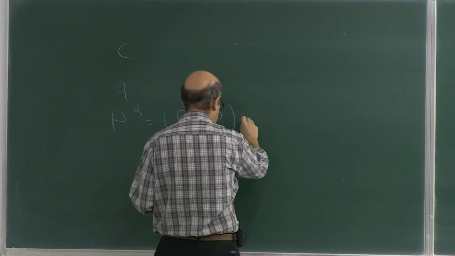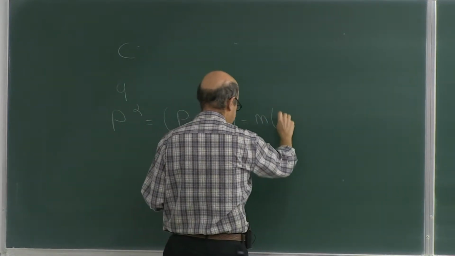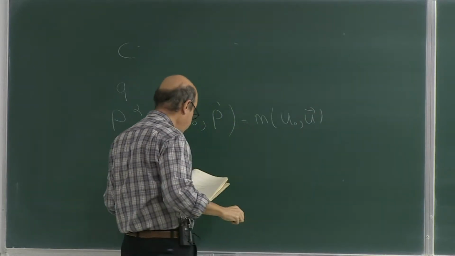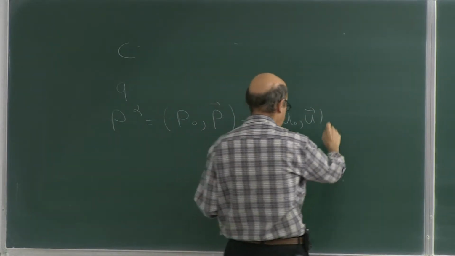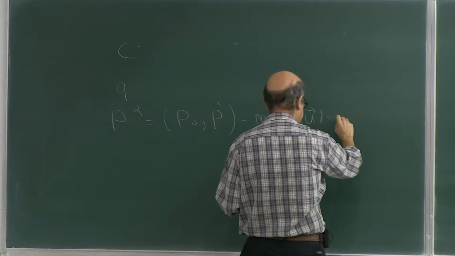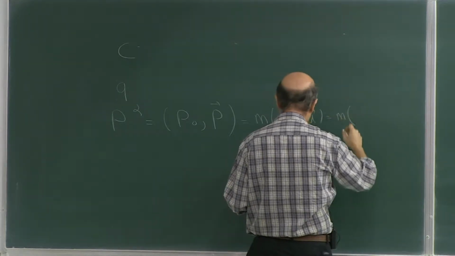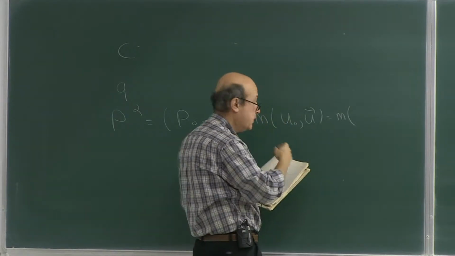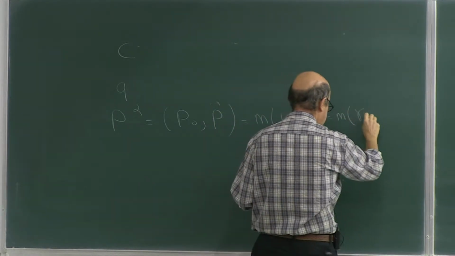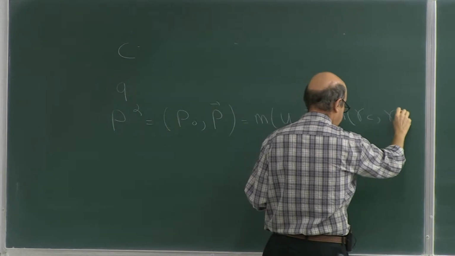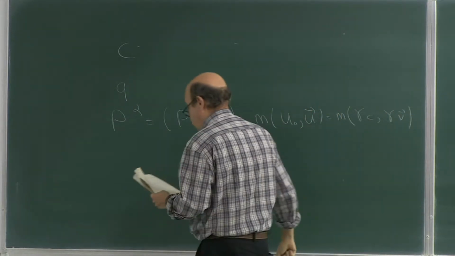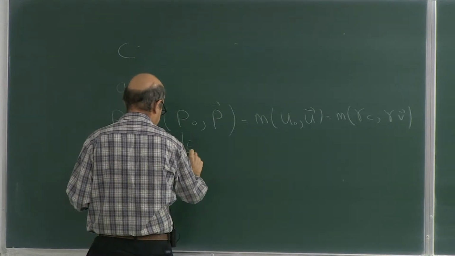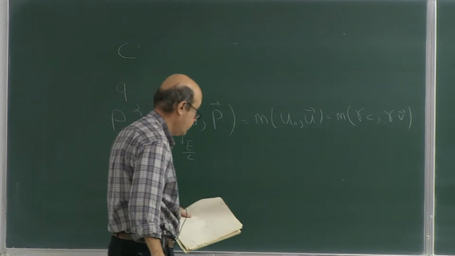That was equal to mass times u^mu, mass times the 4-velocity, and the 4-velocity is the derivative with respect to the proper time, which is equal to gamma c, gamma v. P0 is the energy, the time coordinate.